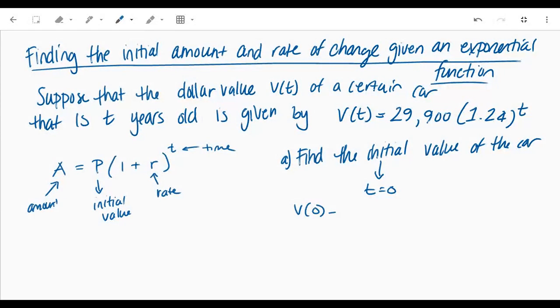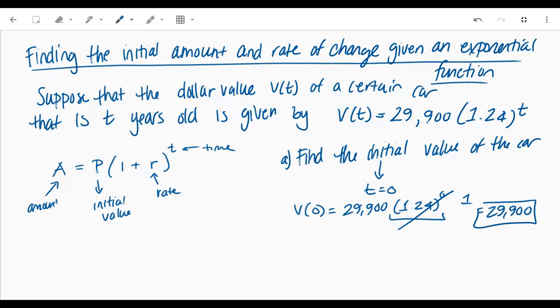So V of 0 is 29,900 times 1.24 to the 0. Anything to the 0 power is 1. So your answer there is 29,900. Okay, but that's work that you don't need to do, because if you understand the structure of these equations, that number out front here is the initial value every single time.